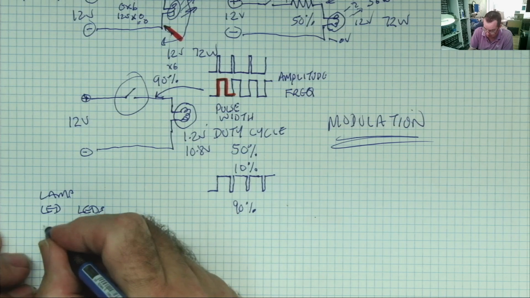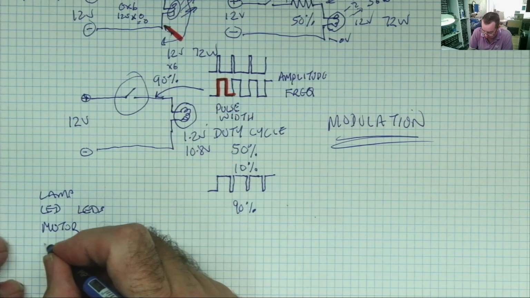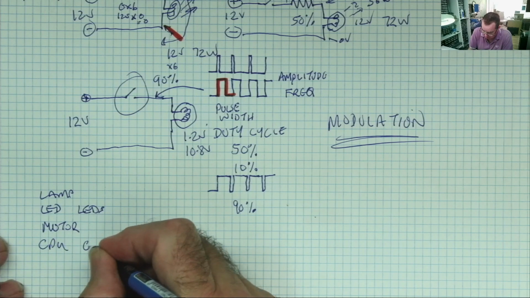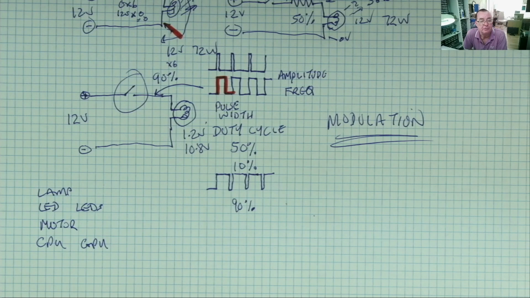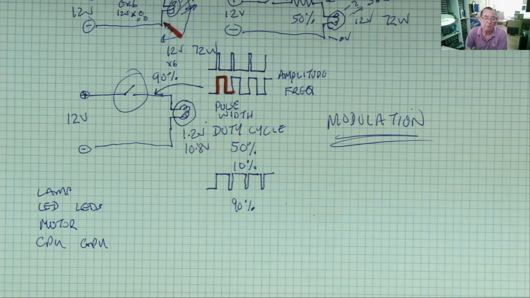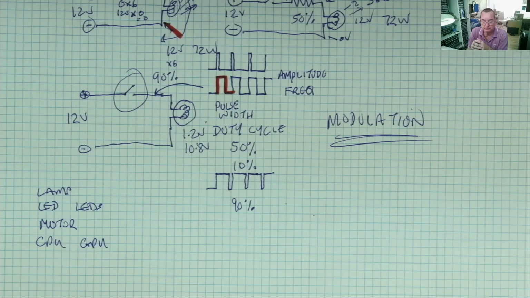It could be a motor, it could be something purely electronic, a CPU, a GPU, anything that we want to supply with a certain voltage, or for that matter with a certain current.